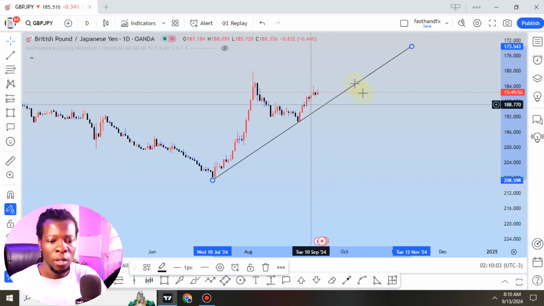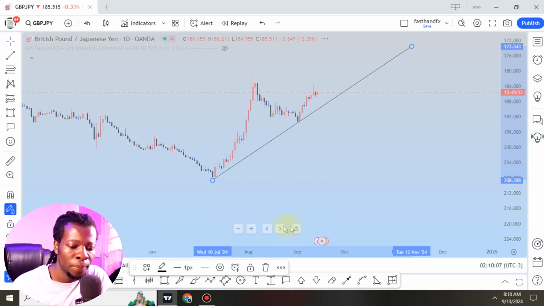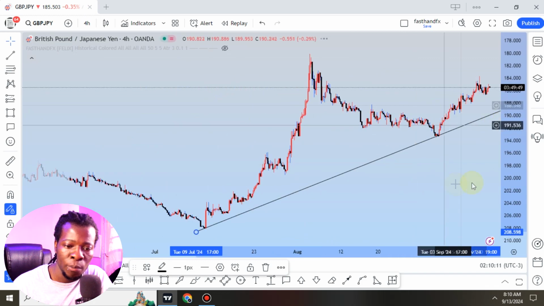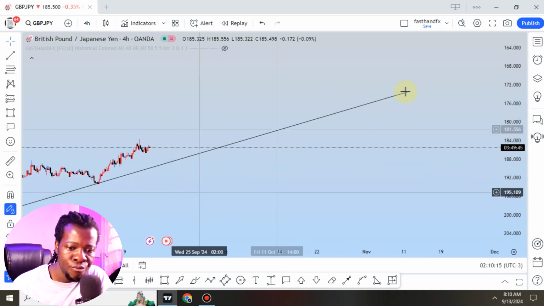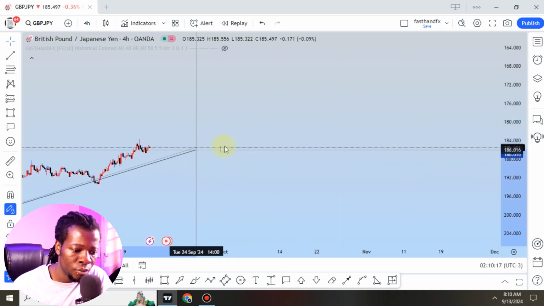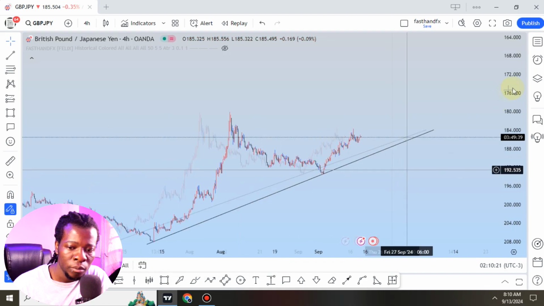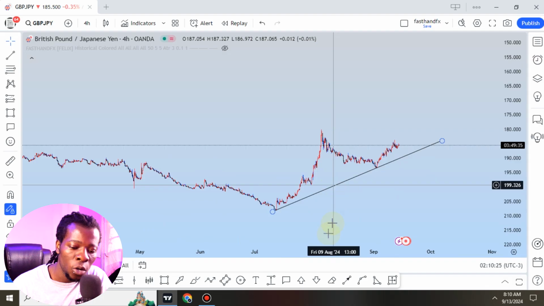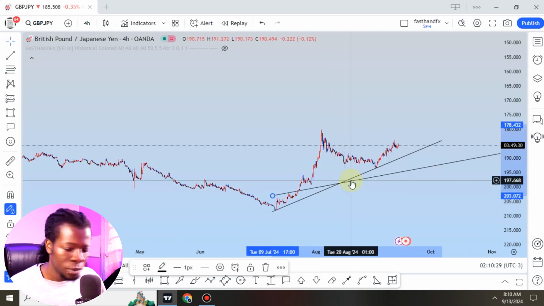and then go to the 4 hour. Right there. So I hope things are making sense. Let's just have this right there. Then clone it real quick. Now I don't know what's with trading.